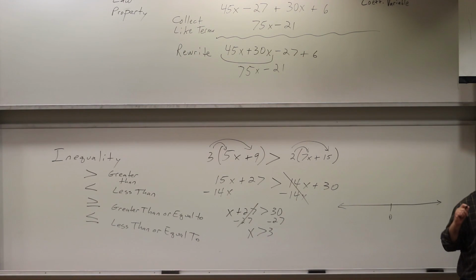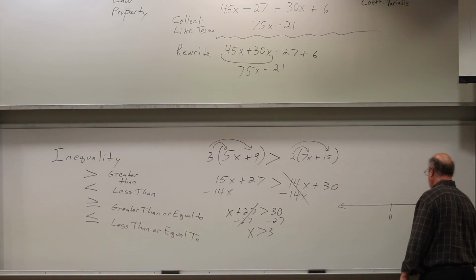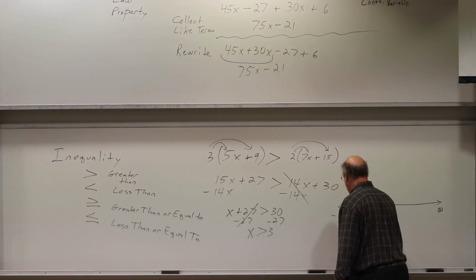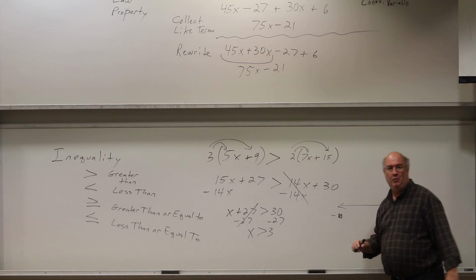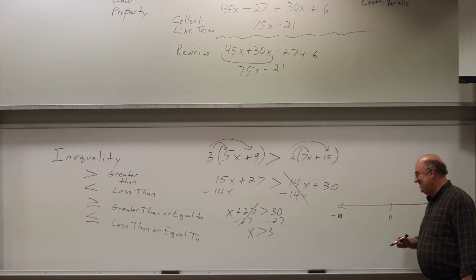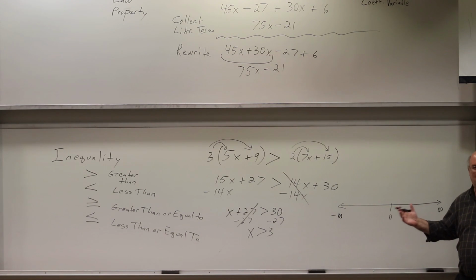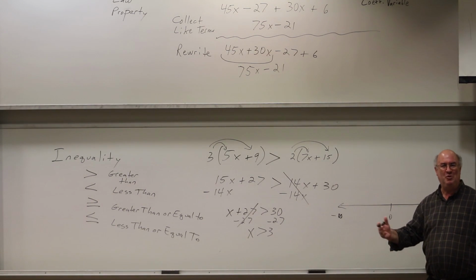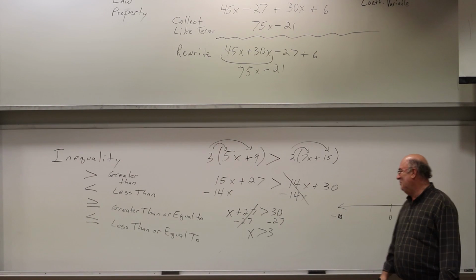0 in the middle, infinity all the way on the right, negative infinity all the way on the left. For those of you with MyMathLab, they don't like circles that are filled in or not filled in. They like brackets. So let's do both. If you have MyMathLab, we'll do MyMathLab first with brackets.